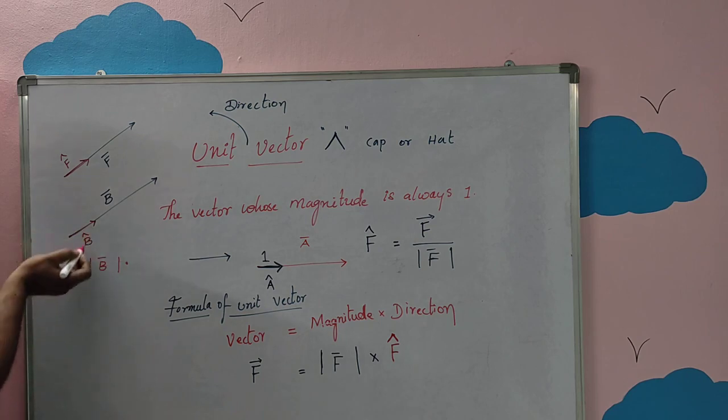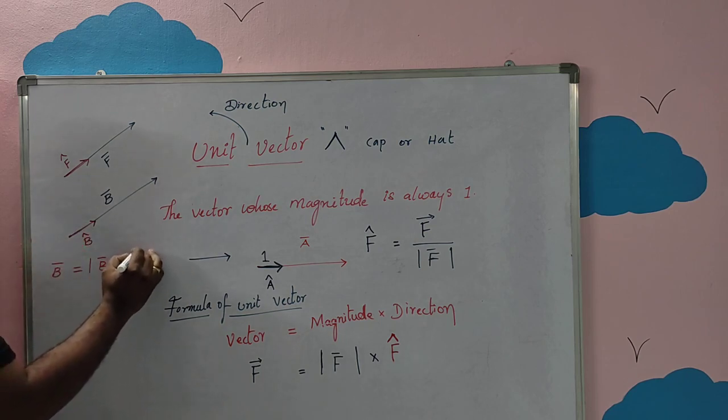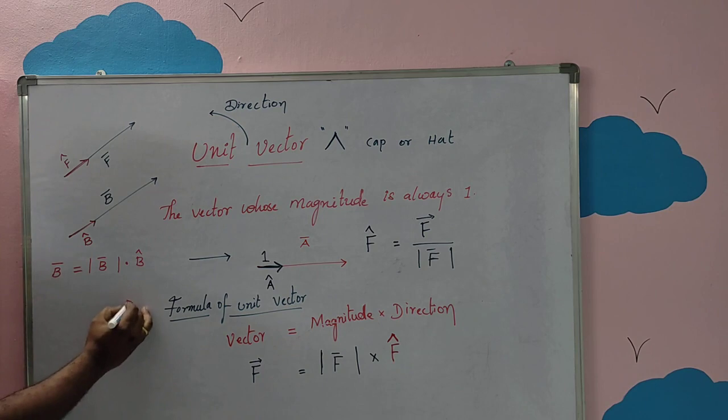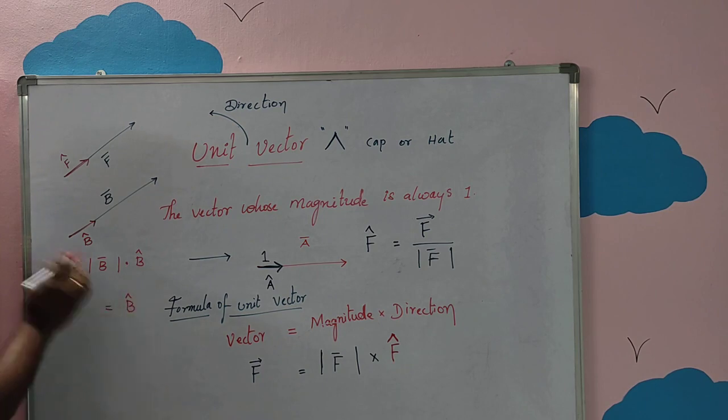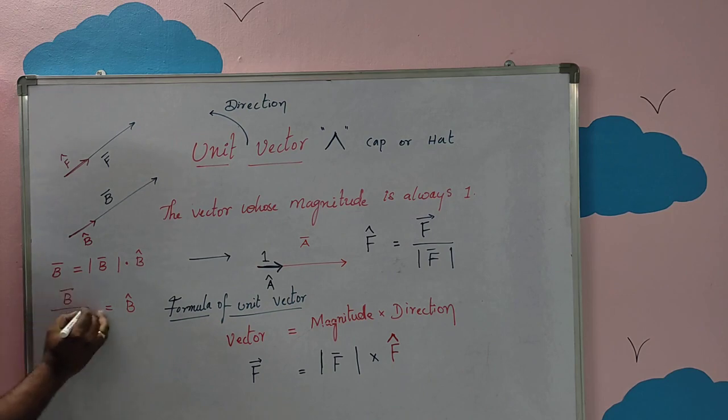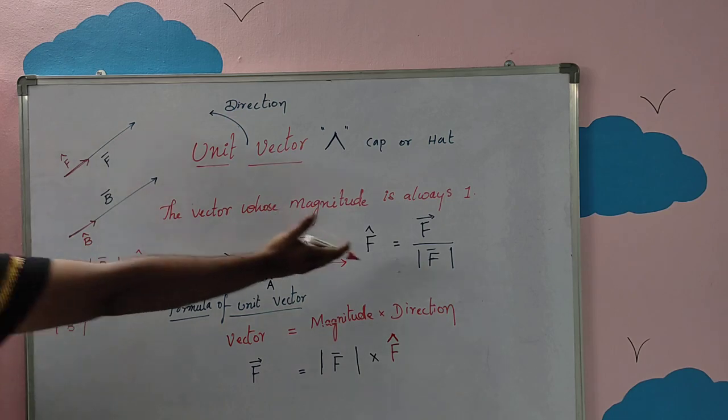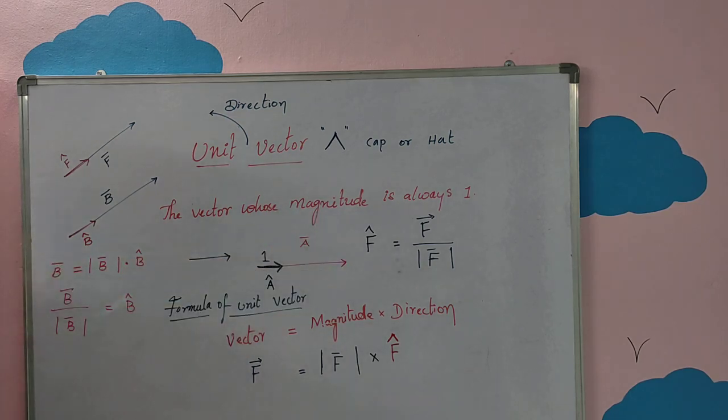So, which is giving the direction? Our unit vector, that is b cap. So, if you want to write the unit vector formula for our main vector, it can be written as vector b divided by magnitude of vector b. In this way you can write the formula of a unit vector.